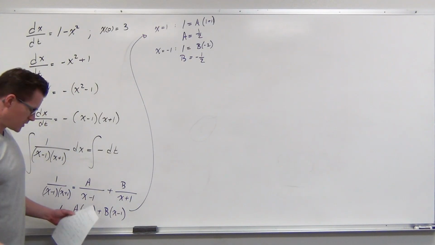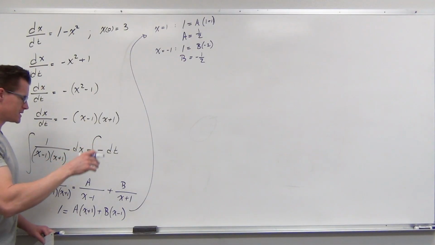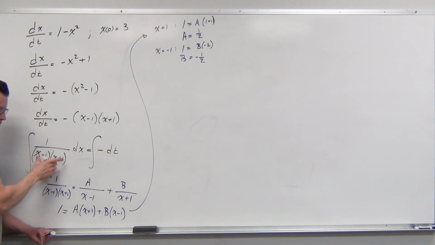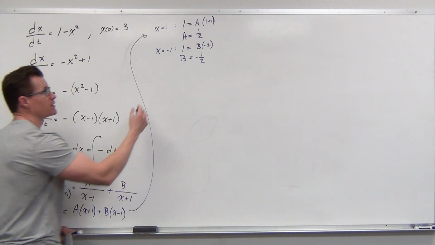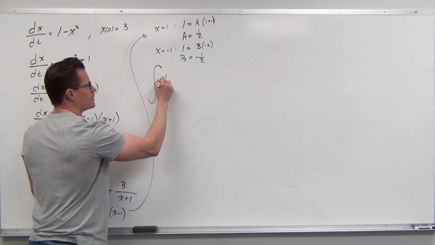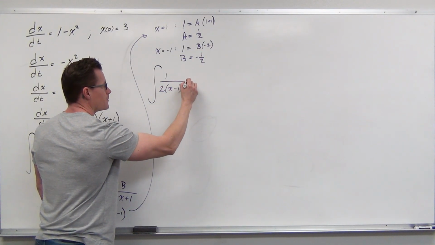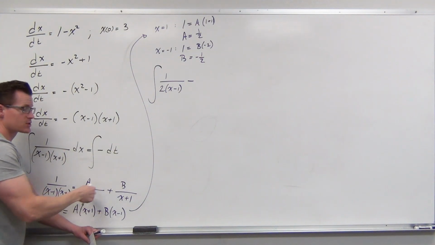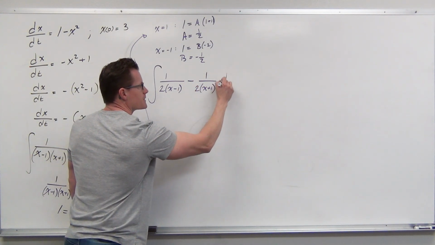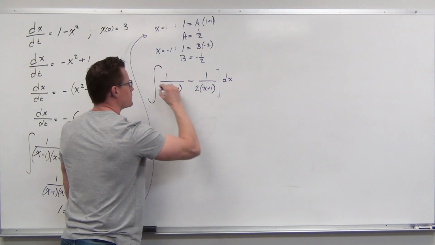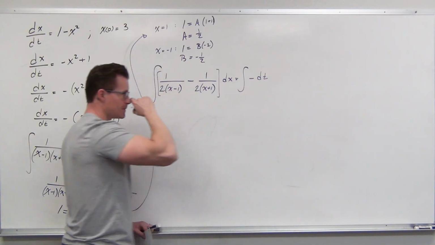So that allows us to split up that fraction and say, all right, if a is 1/2 and b is negative 1/2, then this fraction becomes two different fractions: 1 over 2 times x minus 1, minus, because b is a negative, 1 over 2 times x plus 1. And this is all dx, equals integral of -1 dt.